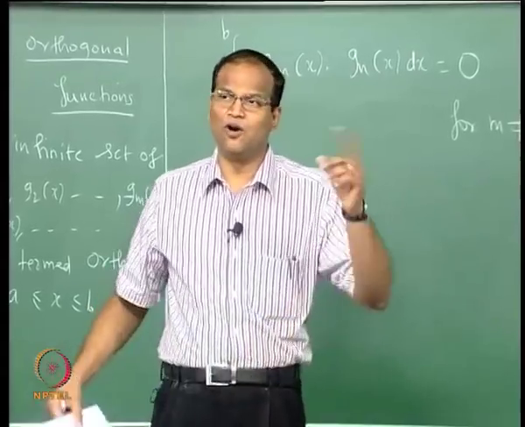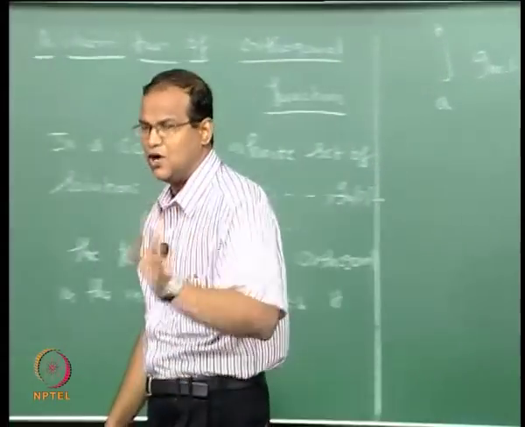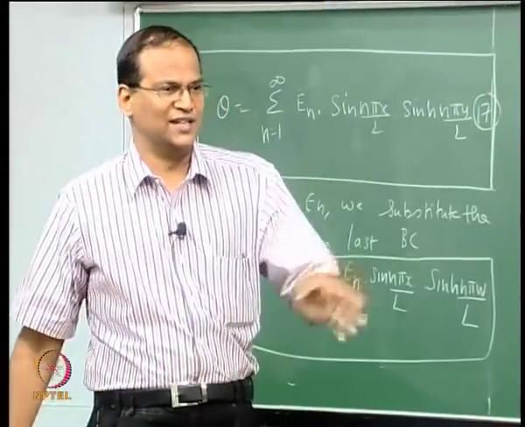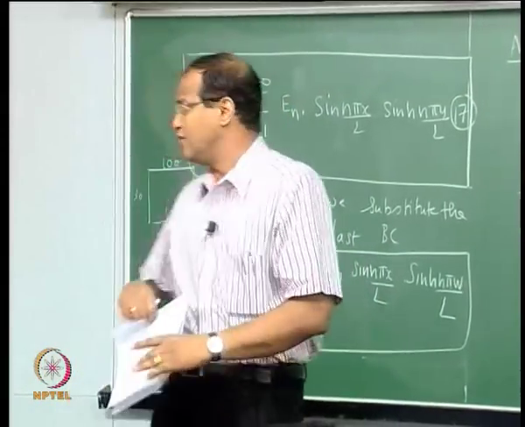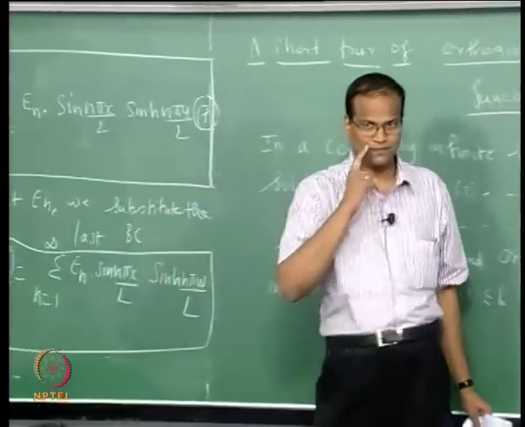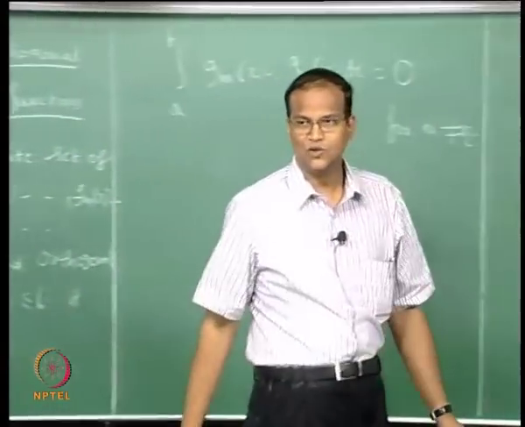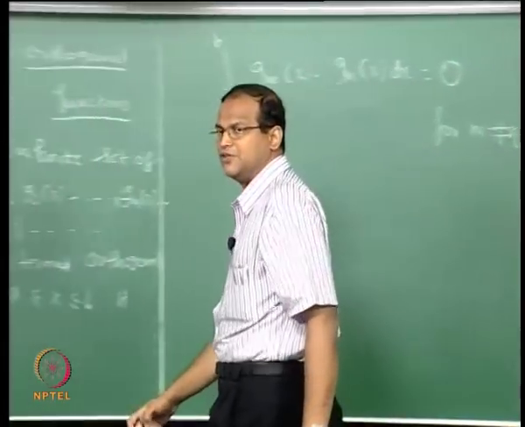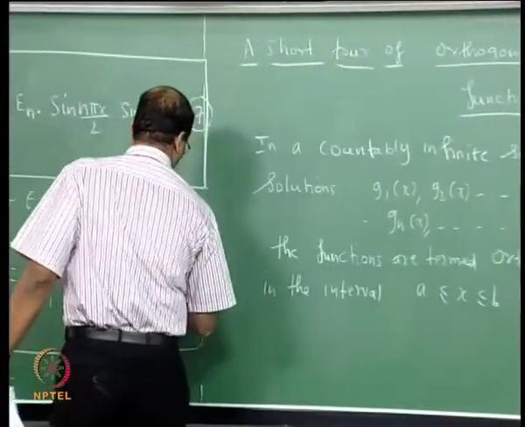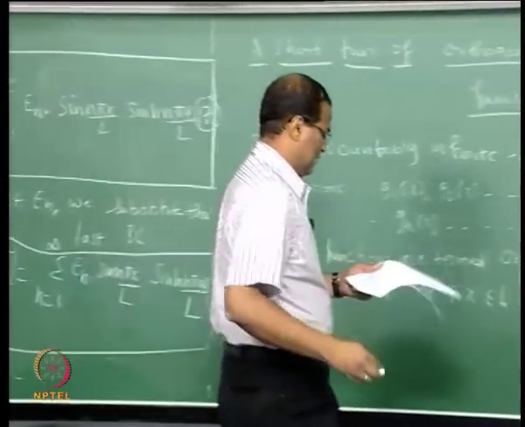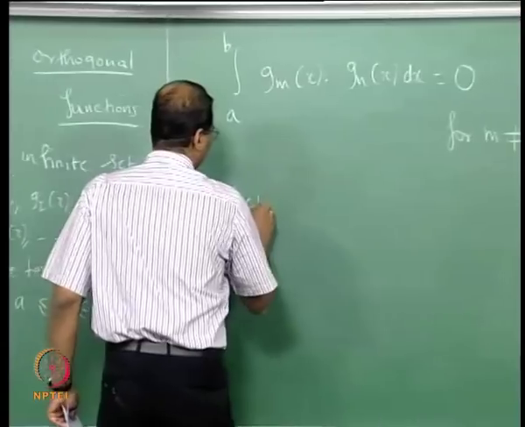That is, I want to represent any f of x as a combination of sin pi x by L, sin 2 pi x by L, sin 3 pi x by L and so on, because if I am able to do that, somehow I will link it with this formula and get En, so that the problem gets solved. Now till I find En, my problem is not solved. Okay, let f of x be an arbitrary function.